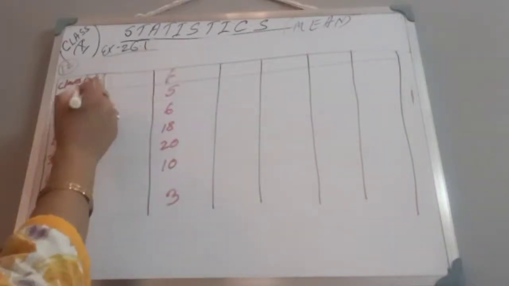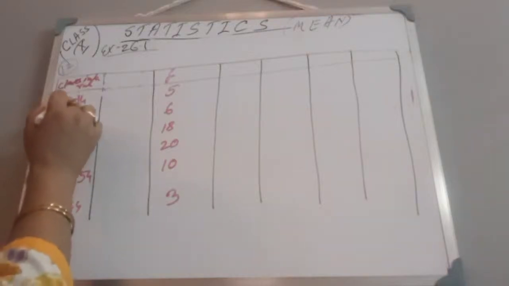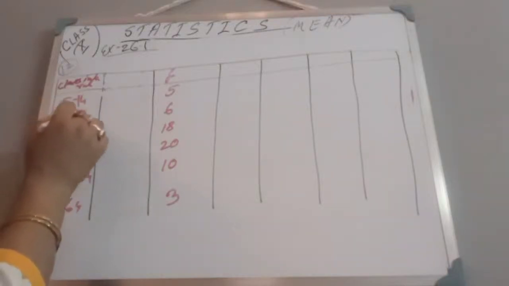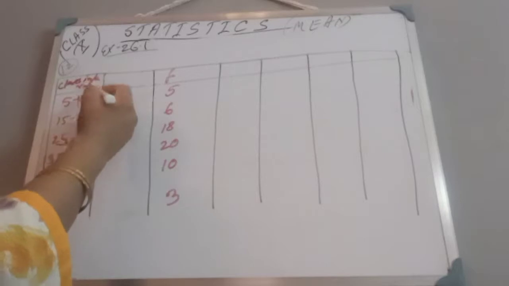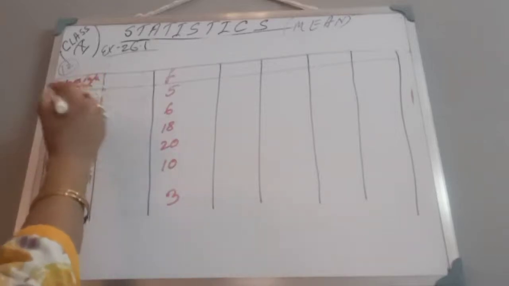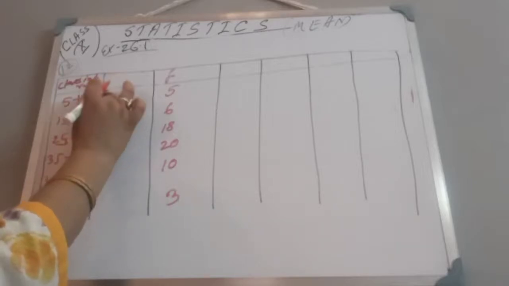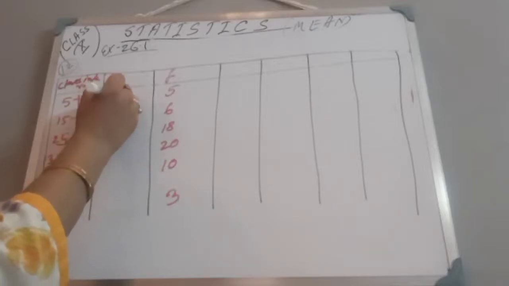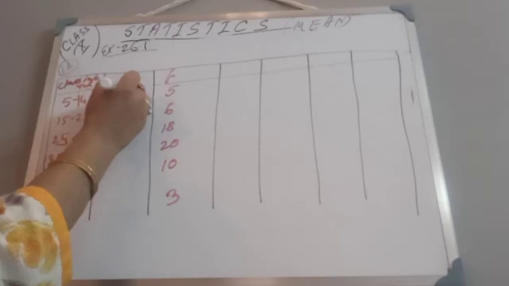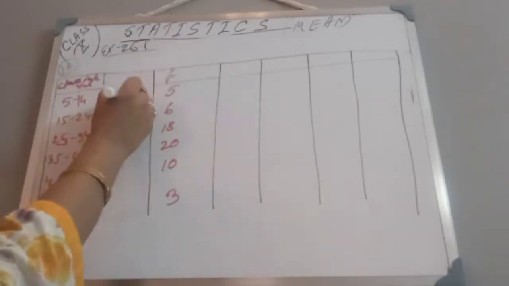Since the class interval is 5 to 14 and the next class is 15 to 24, let us match the upper limit of the first class with the lower limit of the second class. So we will adjust by 0.5. 5 we can write as 4.5, decreased by 0.5, and 14.5 for the upper limit, increased by 0.5.